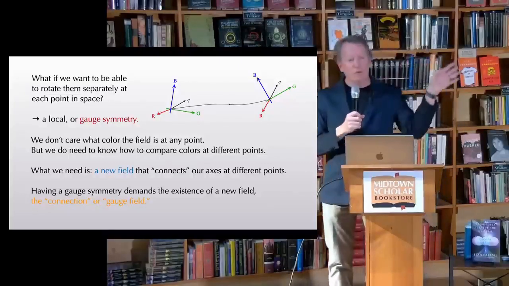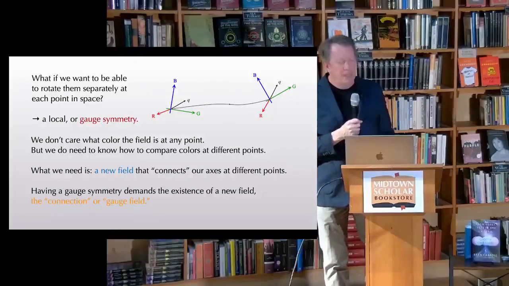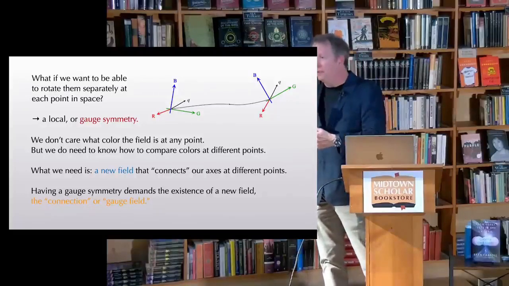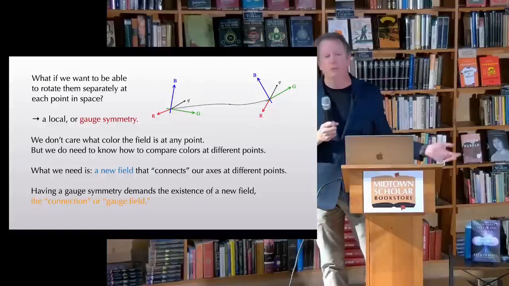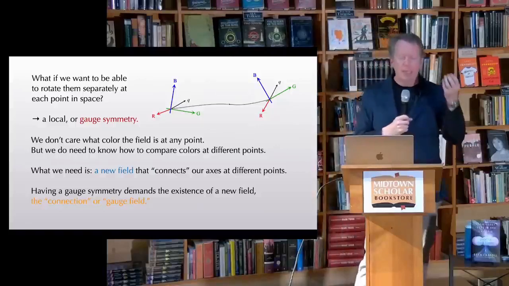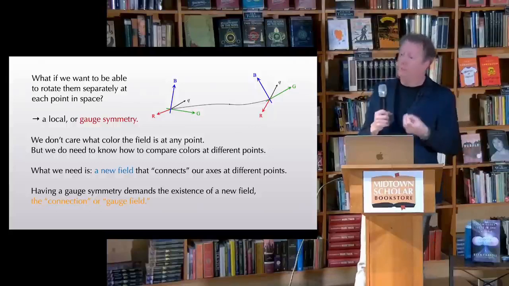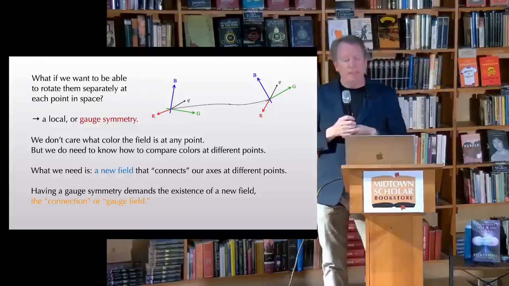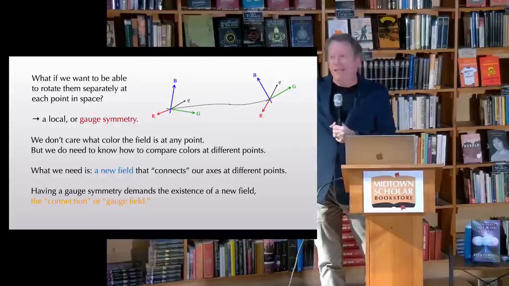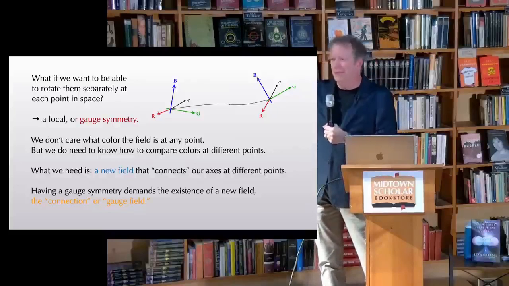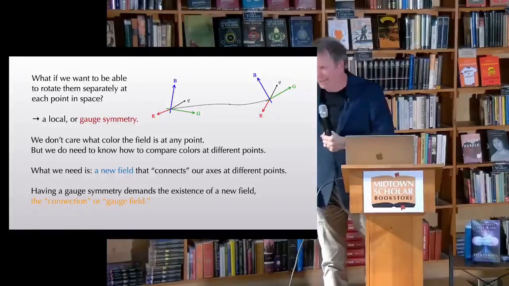But there's a quark field, or a set of them. And then you need an extra field in addition to the quarks to help you compare what the colors are doing from place to place. That is called a connection, or a gauge field. This is the most abstract and conceptual we're getting tonight, okay? You got to get this. This is not optional. You have to get this.